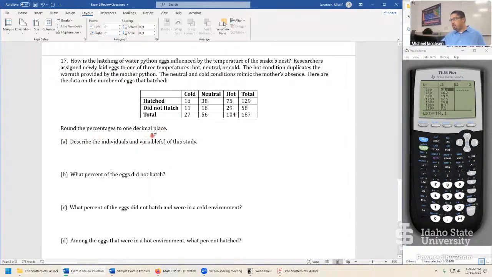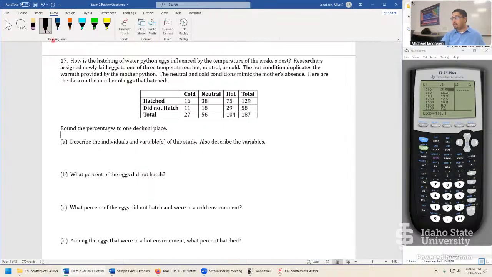First, we're describing the individuals. And I think the question I would really ask here is also to describe the variables. I think that's a pretty similar question as well. I forget which one I focus on the most. The individuals are going to be the individual eggs, some of which hatched, some of which didn't, some in favorable conditions, some in not so great conditions.